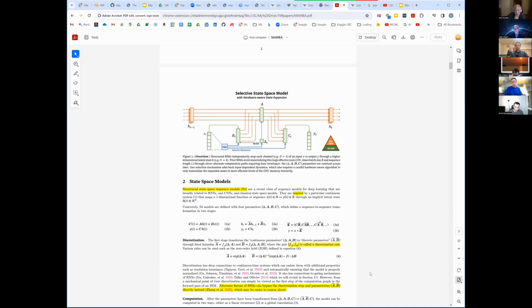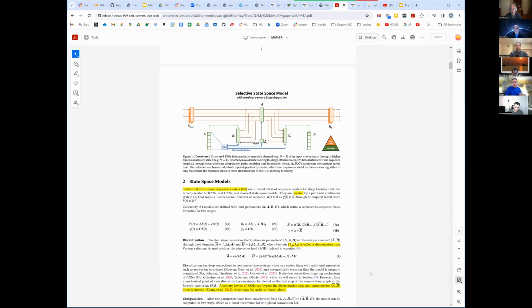So if you have all ones and you subtract I, you get something very close to 0. So e to the delta A close to 1 means A bar is big and B bar is small. And the other way around, if that number is very small, then B bar becomes bigger.